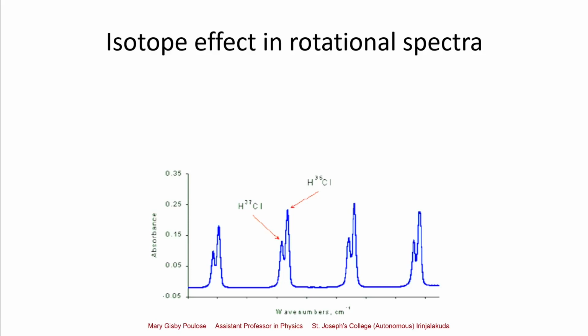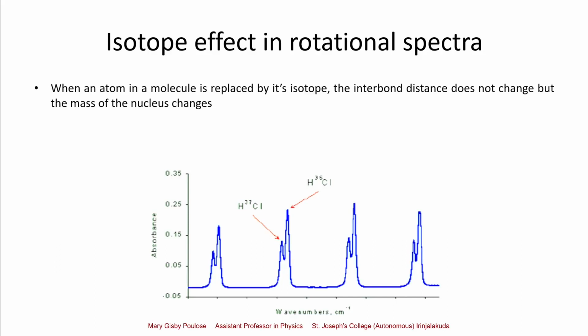This peak represents the rotational spectra due to the additional isotope. When an atom in a molecule is replaced by its isotope, the bond length does not change, but the mass of the nucleus changes. This will cause a change in the moment of inertia I, because it is equal to mr square. Since m changes, it will change I.